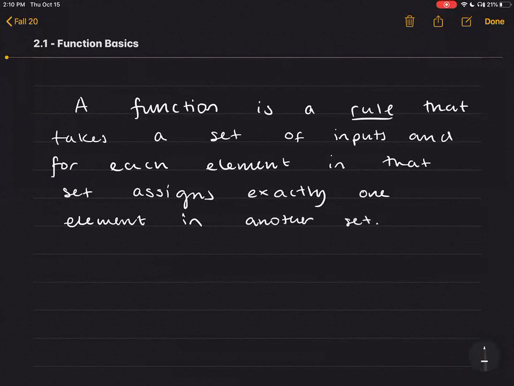So this is a lot of words. What does it actually mean? Let's try looking at a picture.